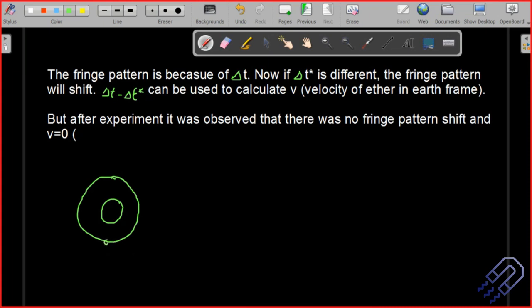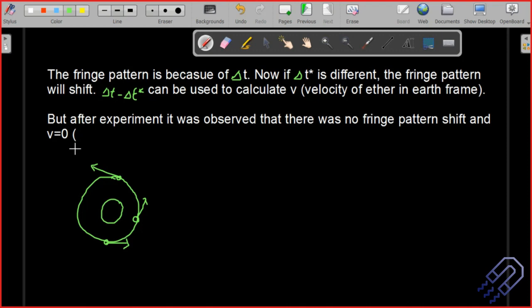If you look at the vectorial representation, at this particular time the Earth is rotating around the Sun, and we are measuring the speed at this point of time of the year. At some other point the Earth will be here, where the velocity will be in a different direction. They did the calculation there too, and checked at all these points, but at all points the result came out to be 0.